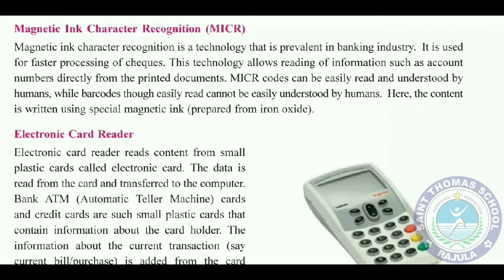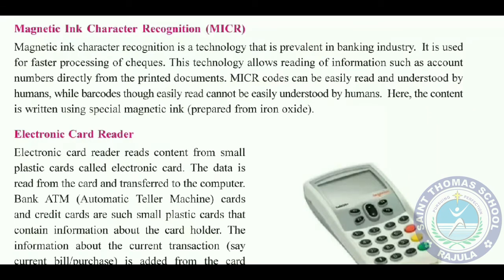Whenever we are giving the checks, this technology reads the information such as the account number directly from the printed document very fast. These MICR codes can be easily read and understood by humans, means the code allows the reading of information such as account numbers, and that is easily readable by us also.